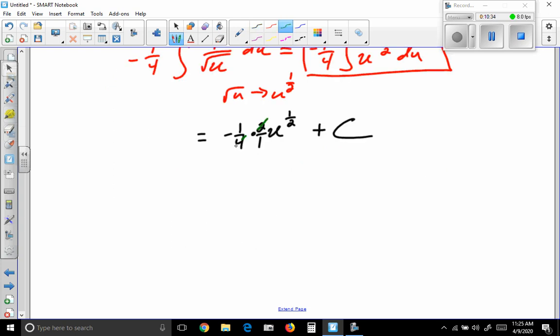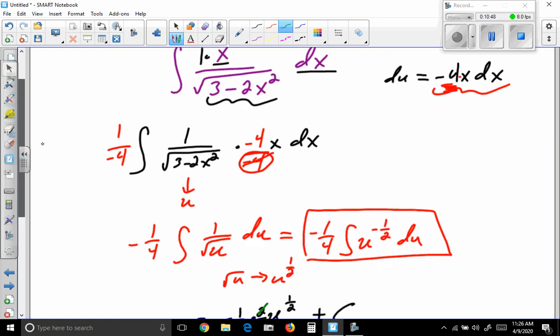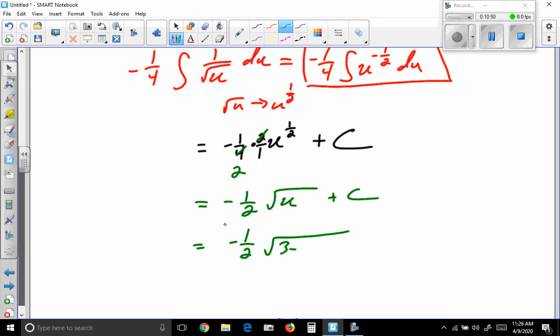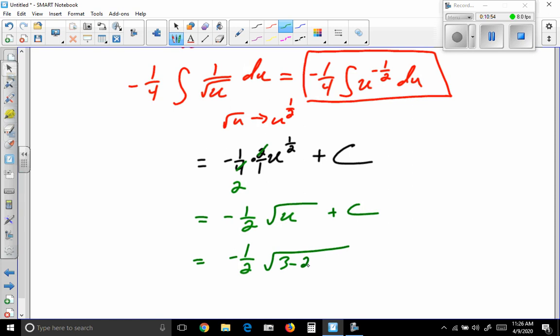So the 2 and the 4 reduce. So we have a negative 1/2 out front. U to the 1/2 is the square root of u. And if we replace u with our original function, u is 3 minus 2x squared. And then we have our plus c.